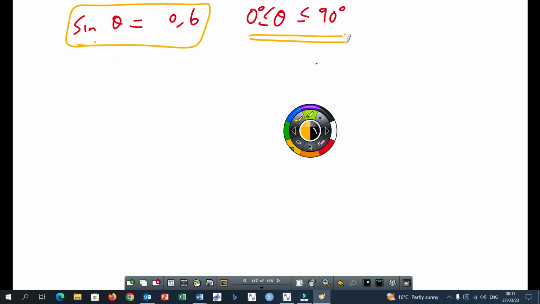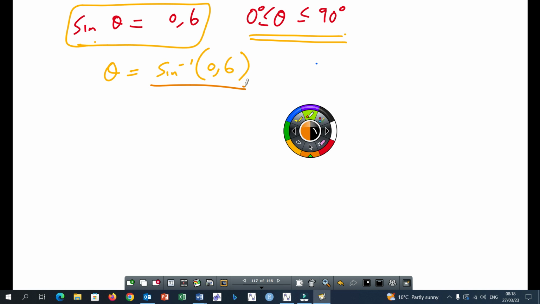Okay? Now, when you say theta is equal to shift sine of 0.6, the moment you write shift sine, the angle that you get here is called the reference angle. It is the first solution to the trigonometric equation, and it is the key to finding all the other solutions.